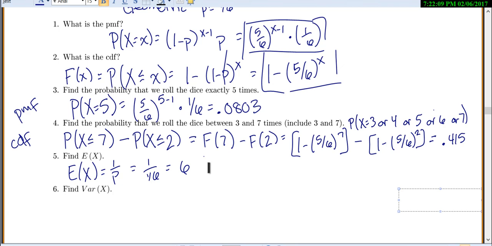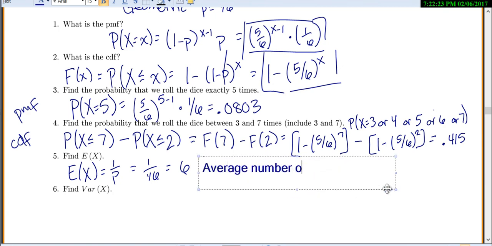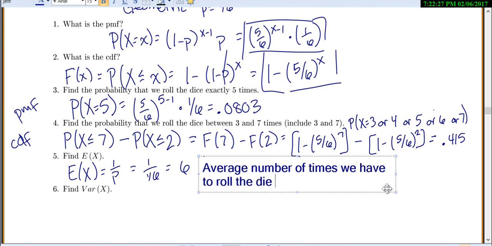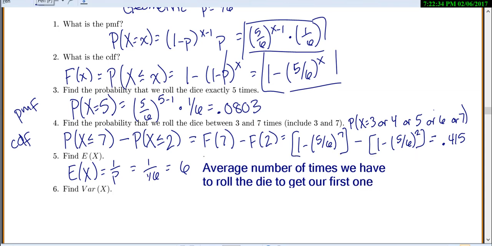So let's just make ourselves a little bit of a note here. This is the average number of times we have to roll the die to get our first one. And that's what expected value is. Remember, it's kind of what you expect to have to do, or the average.